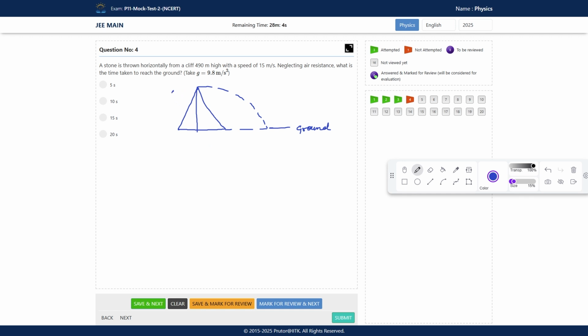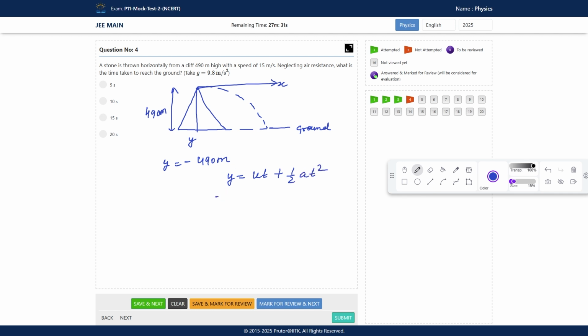We know the height of the cliff is 490 meter. So let this be the y axis and this the x axis. So y is vertically downward. So here we choose y equal to minus 490 meter. We know the equation of motion, y equal to ut plus half at square.